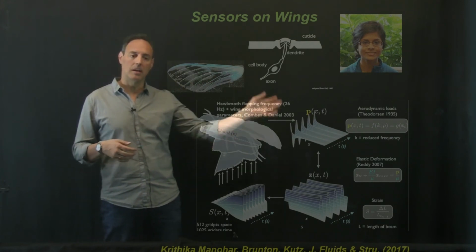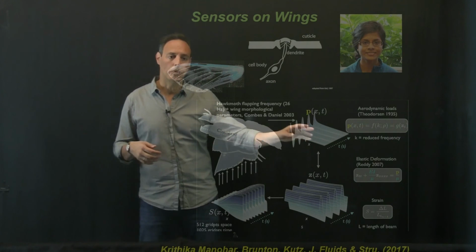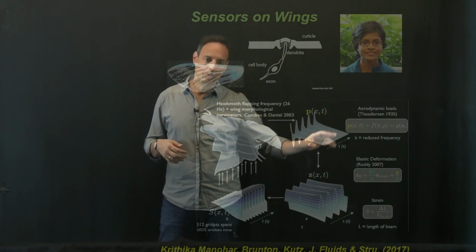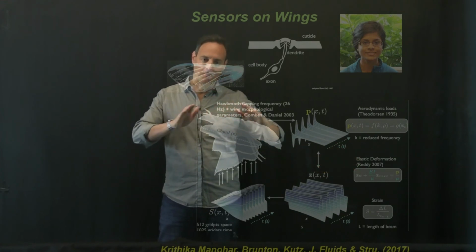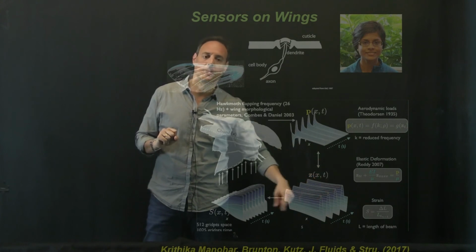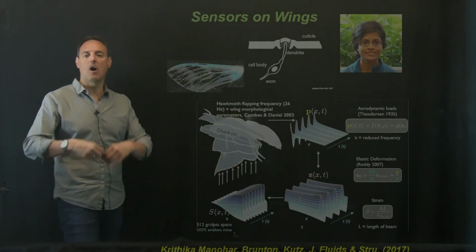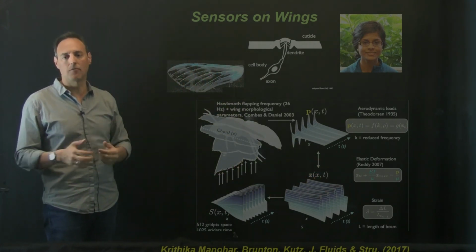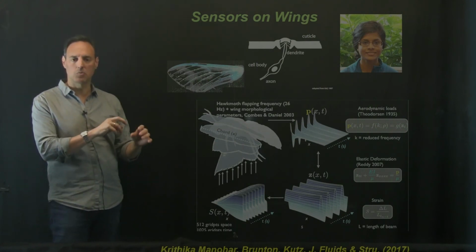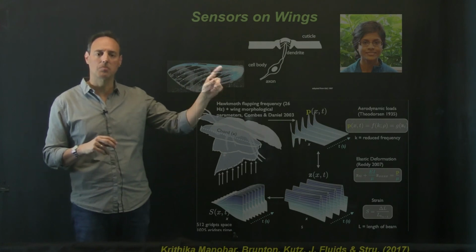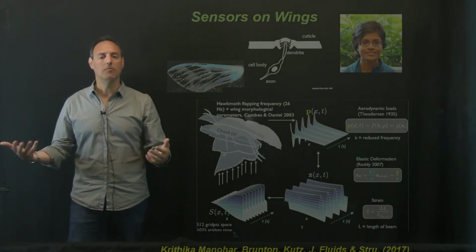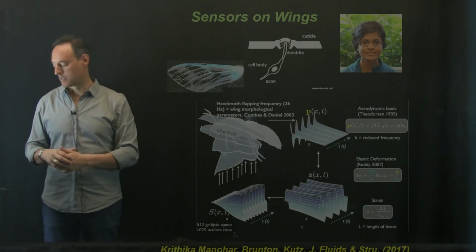So we were able to do an analysis using this kind of structure where we coupled an aerodynamic model with an elastic deformation representing the wing, and understanding where to place sensors on these wings that would optimally encode flight information. Okay? So this is a very nice concept piece which starts to answer why you might have a sparse number of sensors on the wing which would be capable of informing something about the flight dynamics.